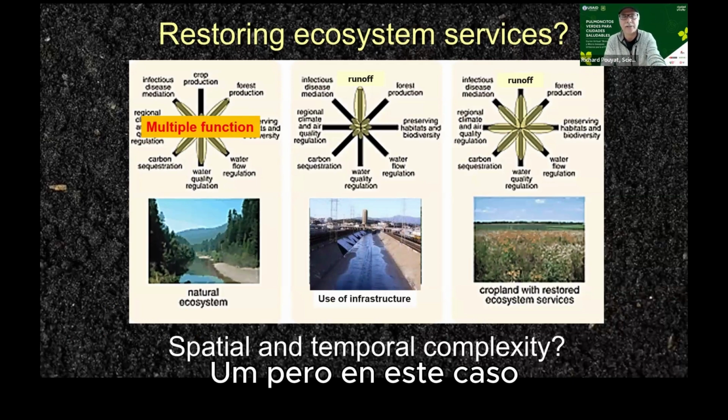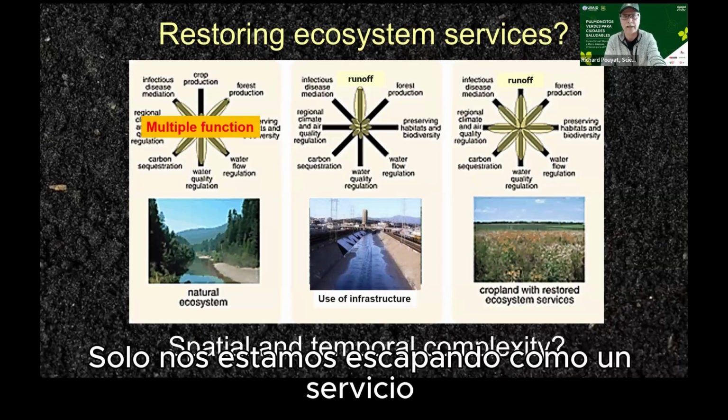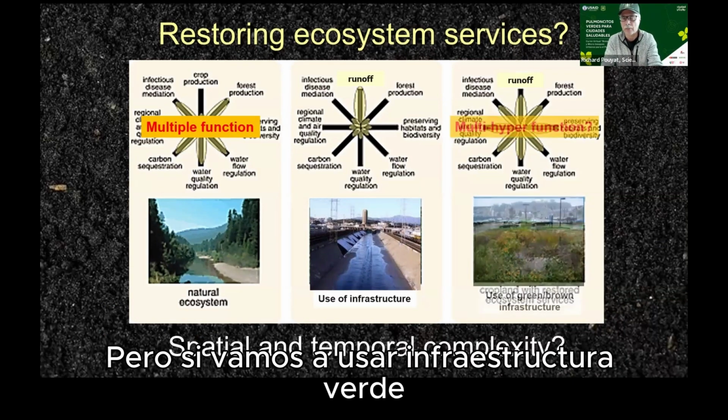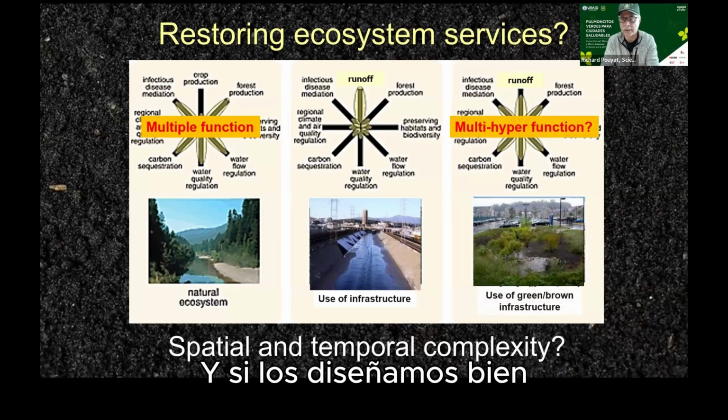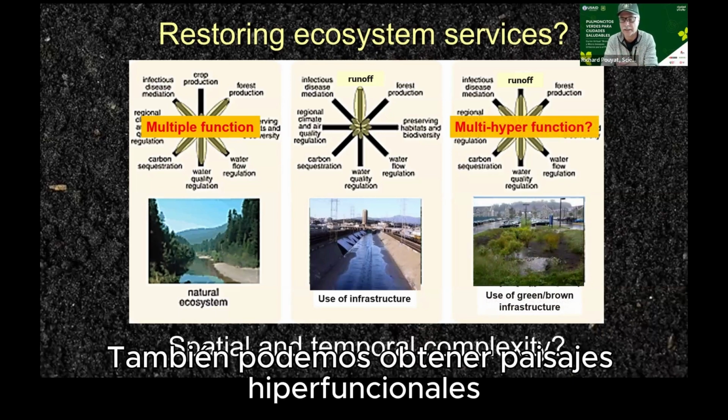But in this case, we're only getting runoff as a service. But if we go with a use of green and brown infrastructure, we can get this multi-functioning landscape. And if we engineer them right, we can get hyper-functioning landscapes as well.